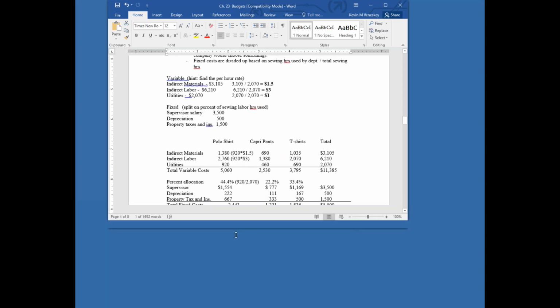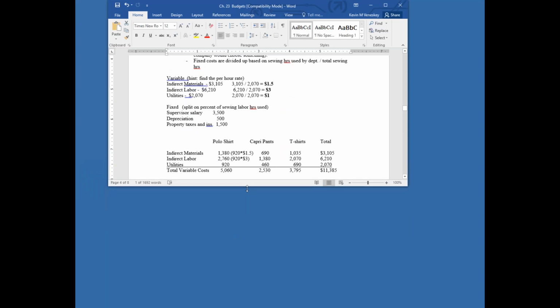Well, let's go ahead and finish our variable costs. I forgot to do this. This is just on a per unit basis. Step 1 is figuring this out. Step 2 then is to say how much indirect materials go to each unit. Indirect materials is $1.50 per hour, and I use 920 hours in the sewing department.